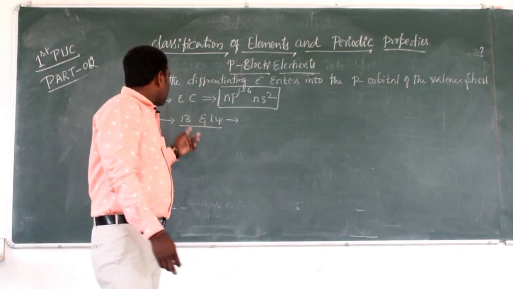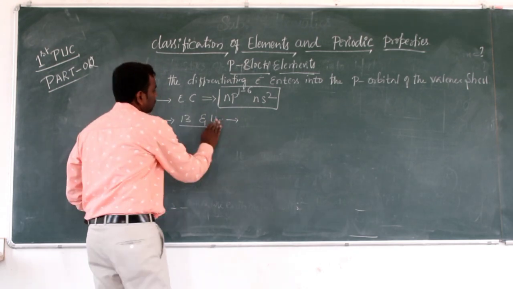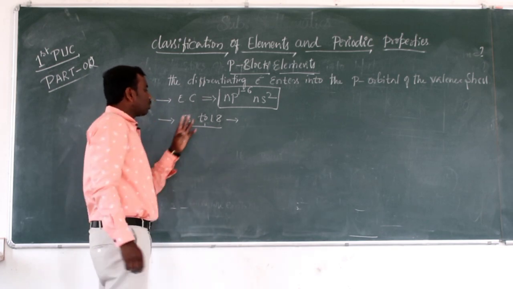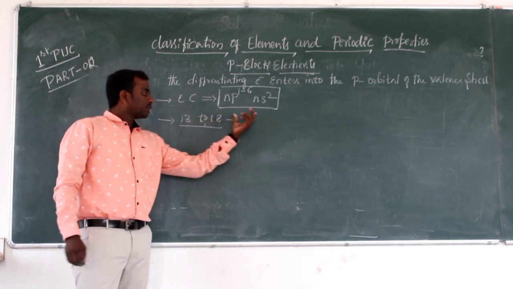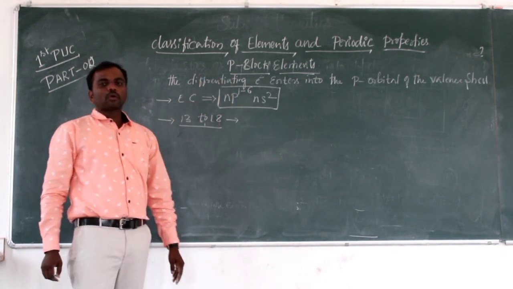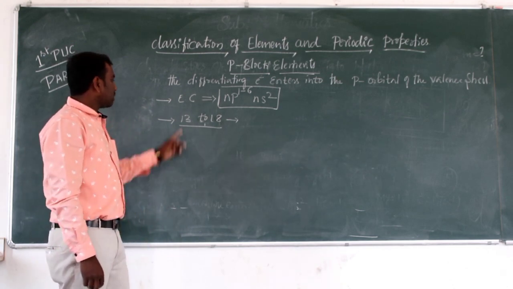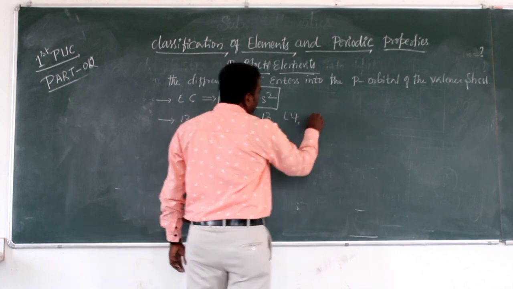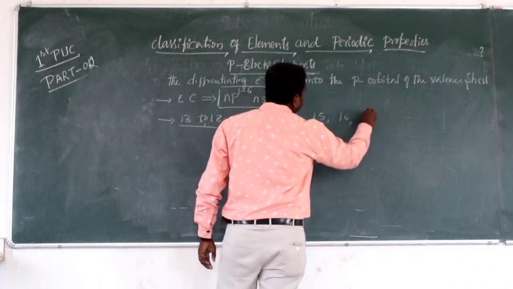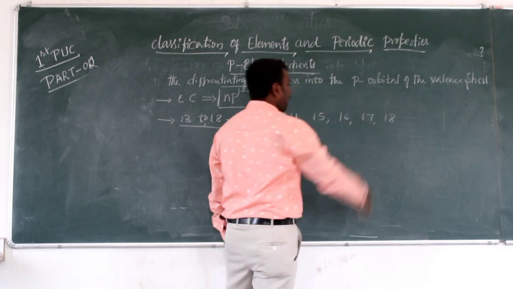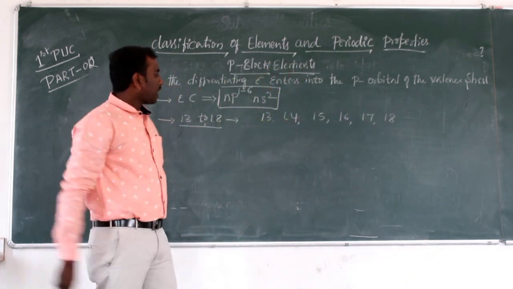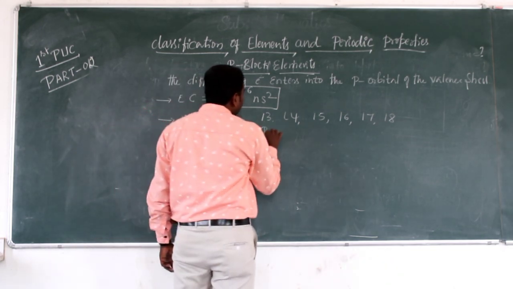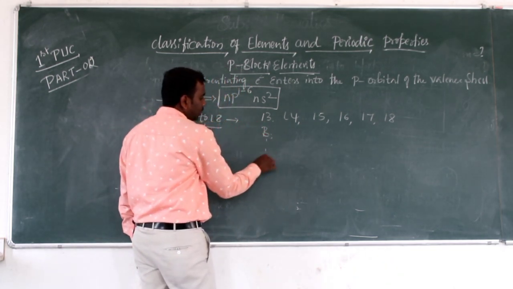Okay, see 13 to 18 groups. 13 to 18 groups elements ಗಳು ಇರತಕ್ಕಂಥದ್ದು ಯಾವ ಬ್ಲಾಕ್? P block elements. Right? Here 13, 14, 15, 16, 17 and 18 groups. Right? See 13 group elements, that is boron family. Right?